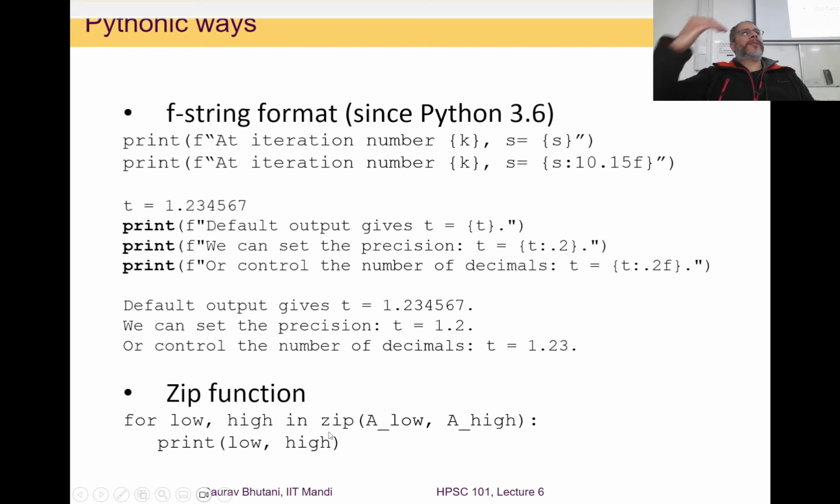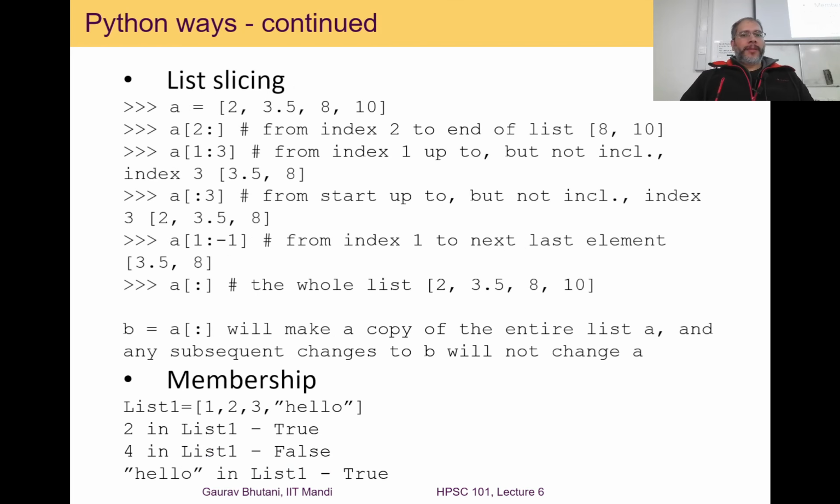Then it will iterate through the two lists, and every time it iterates, it will pick the corresponding elements of x and y coordinates. That will allow you to refer to all the coordinates at one go, rather than having an index i and then saying low of i and high of i. So that saves some coding effort.